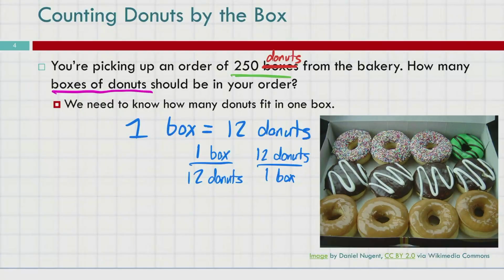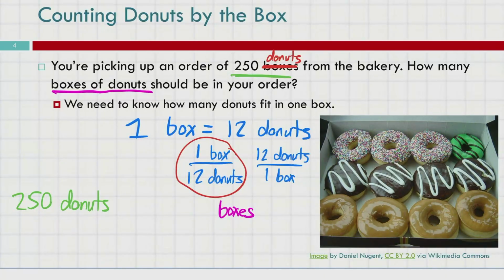We're starting with donuts, even though I accidentally wrote boxes. So 250 donuts, and we want to get to boxes. So we want this first conversion factor, 1 box over 12 donuts. So multiplying by 1 box, dividing by 12 donuts.